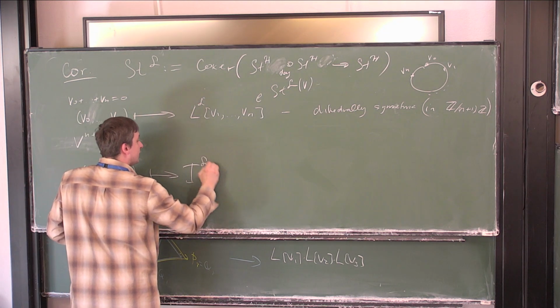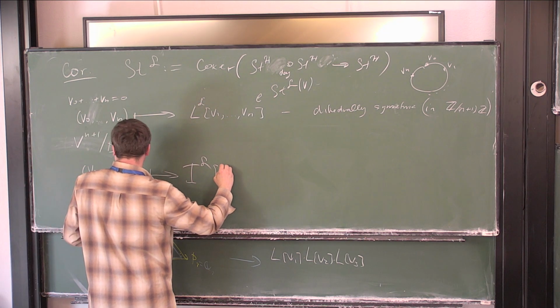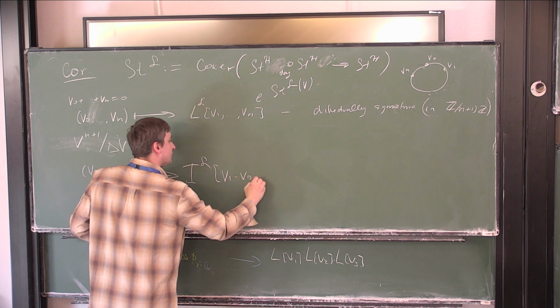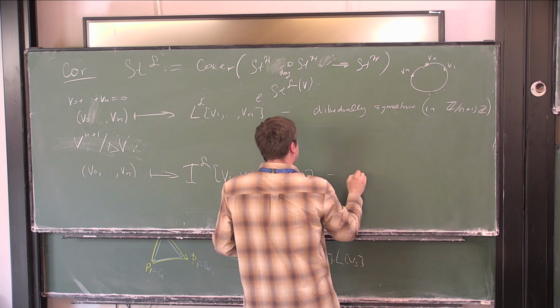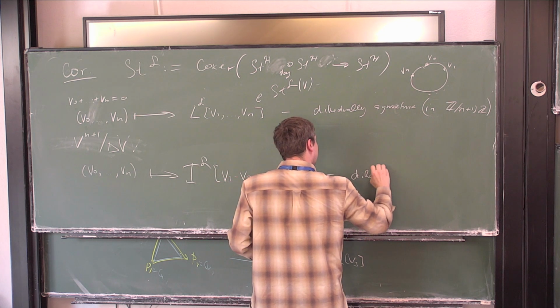You map it to IL of V1 minus V0, Vn minus V0. And this is again dihedrally symmetric.